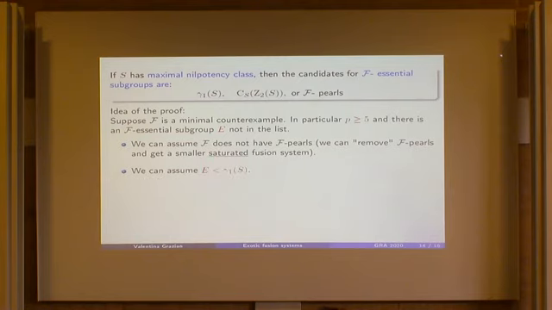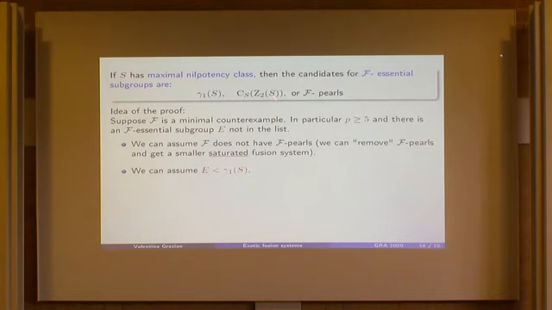And now, that's an easy lemma that says that the essentials either are pearls or are inside gamma 1 or inside the centralizer of the second center. When these two groups are distinct, we can get rid of the essentials that are only inside this group.